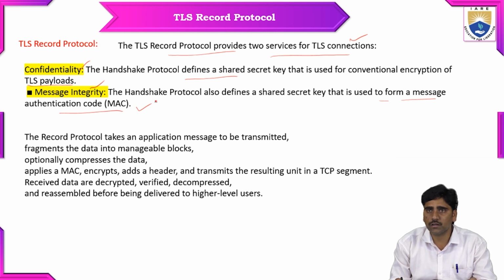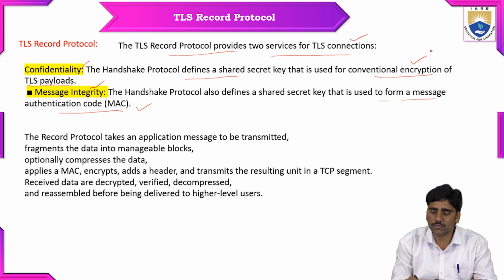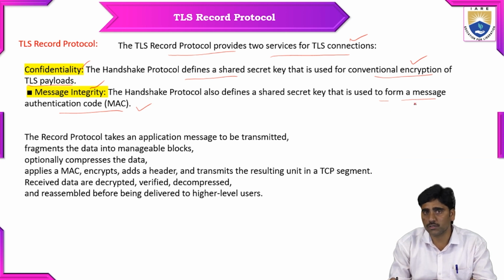So one key is used for conventional encryption, and the second is for generating message authentication codes. These are the two services the TLS record protocol provides.